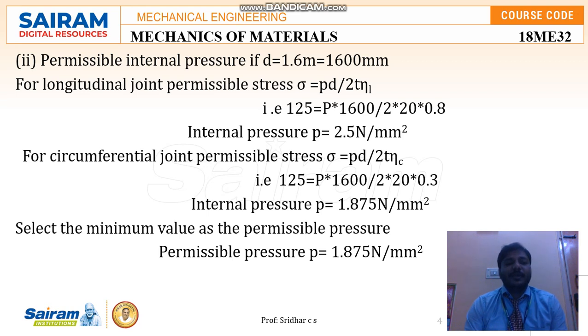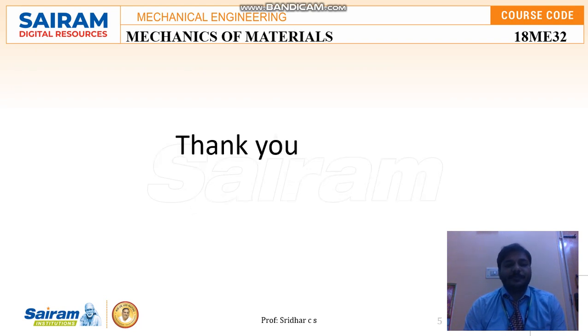Always we select the minimum diameter and the minimum pressure, so that the shell can resist the internal pressure, and the smooth functioning of a cylindrical shell or vessel can be ensured by selecting the minimum values. This is how we use the equations to find the solution for the given data. Thank you.